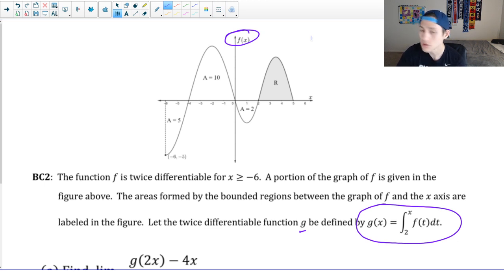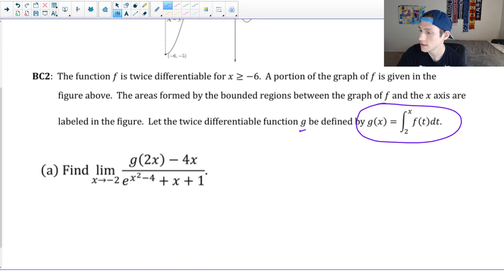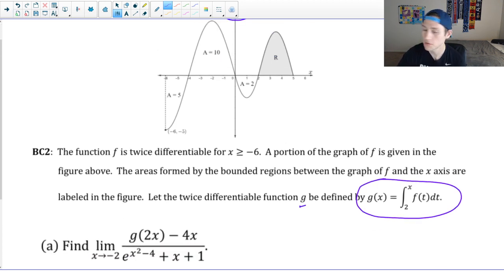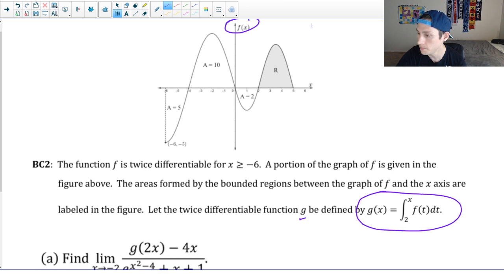I assume this part A asks about a limit involving g, but for the rest of the parts, I assume it's going to ask me stuff about g specifically. Do not rely only on the graph. Now f is used to build g, so we'll use it in some ways, but this is not a graph of g. So just have that clear in your mind whenever you're doing a problem with a given graph: what am I actually looking at?